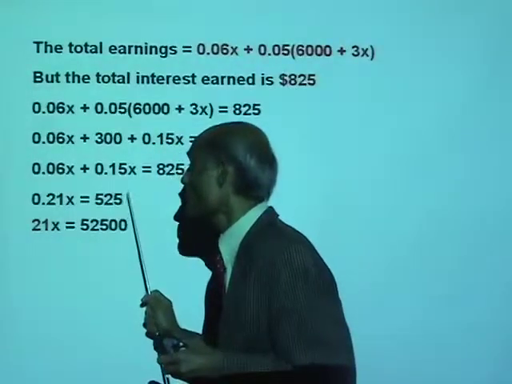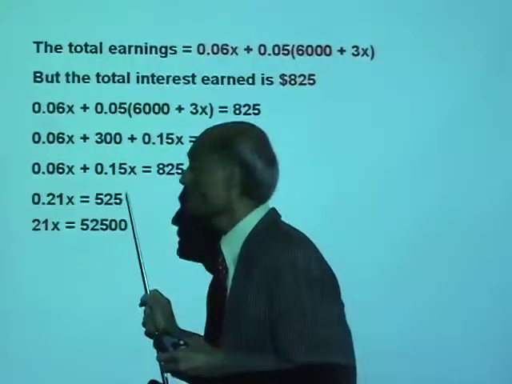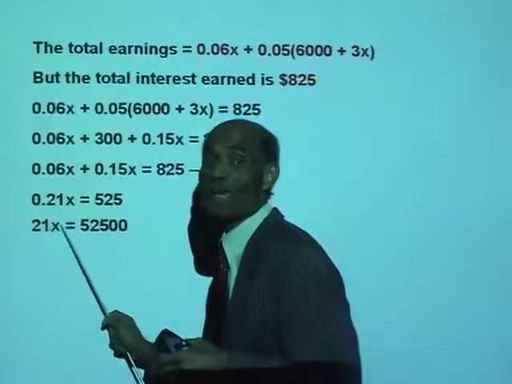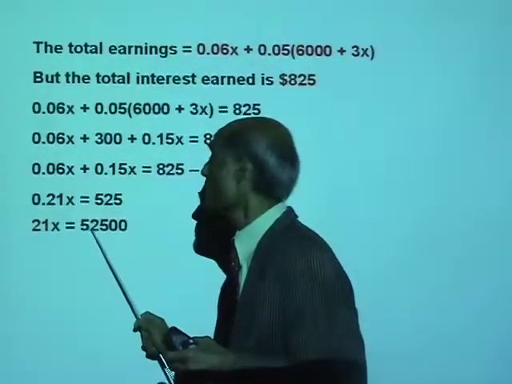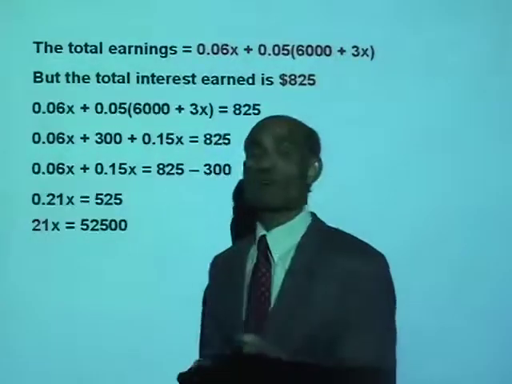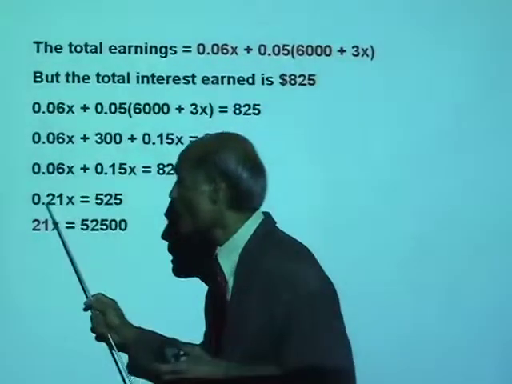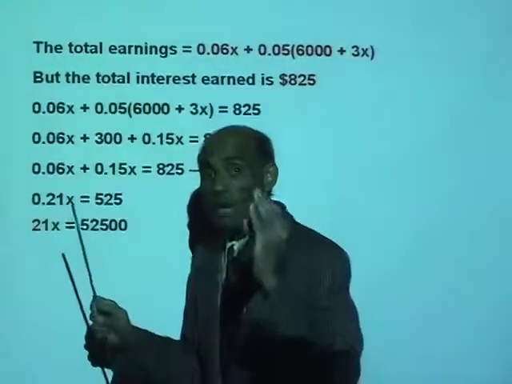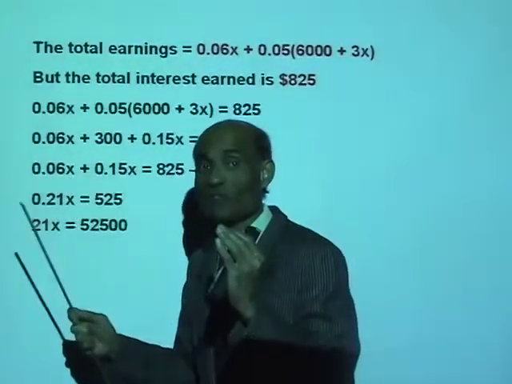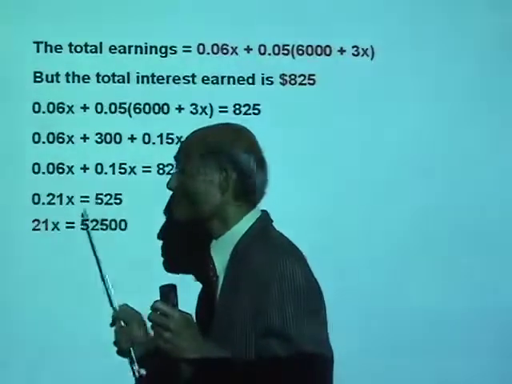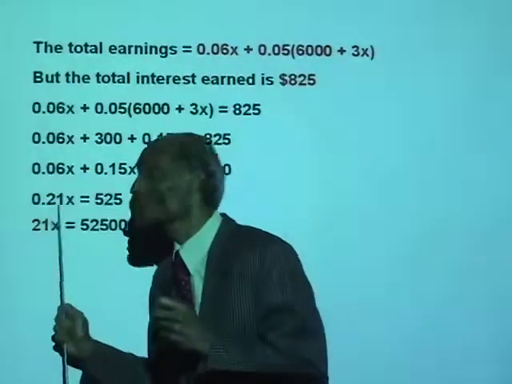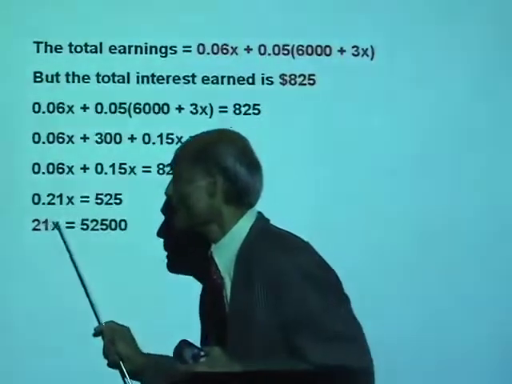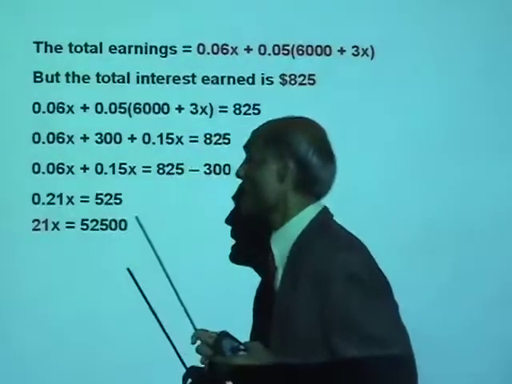I multiplied the right-hand side by 100, simply adding two zeros. So you get 21x equal to 52,500. I hope you understood how I came from this step to this. Multiply the left-hand side and the right-hand side by 100 so that the decimal now becomes a whole number. Alright, now divide both sides by 21.